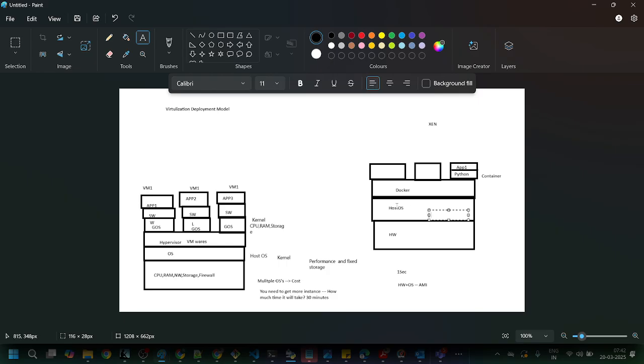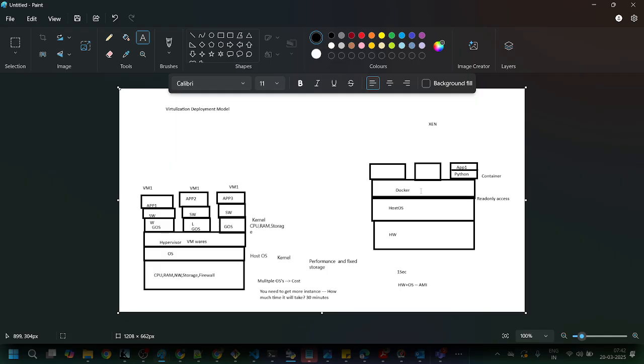Docker uses the host OS only, and the access Docker has to the host OS is read-only. Docker will not write anything to the host OS. It is a read-only copy. Docker uses the host OS, but it takes it as a read-only copy.